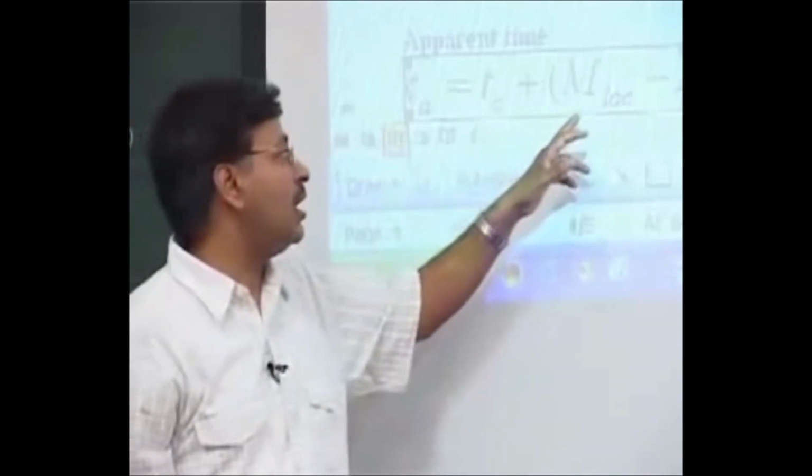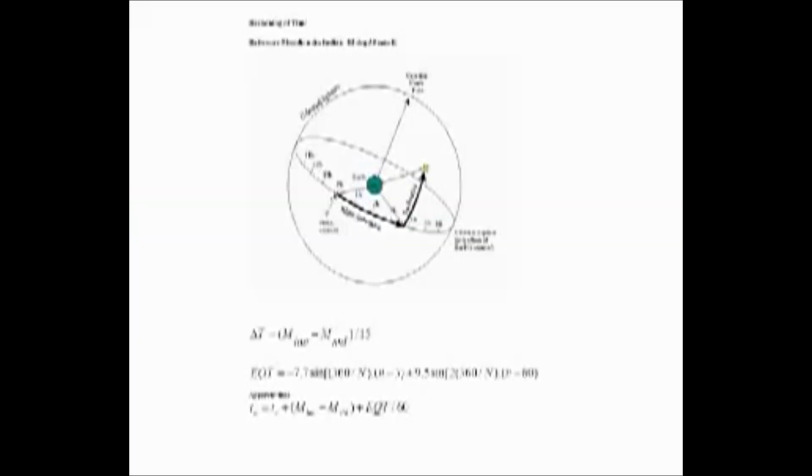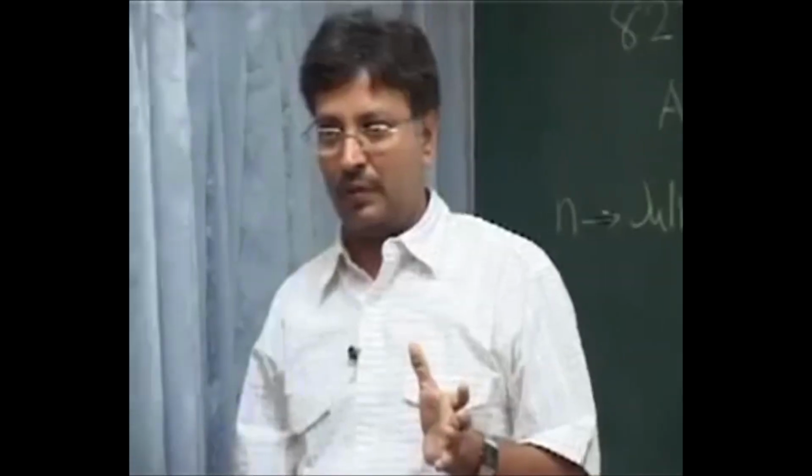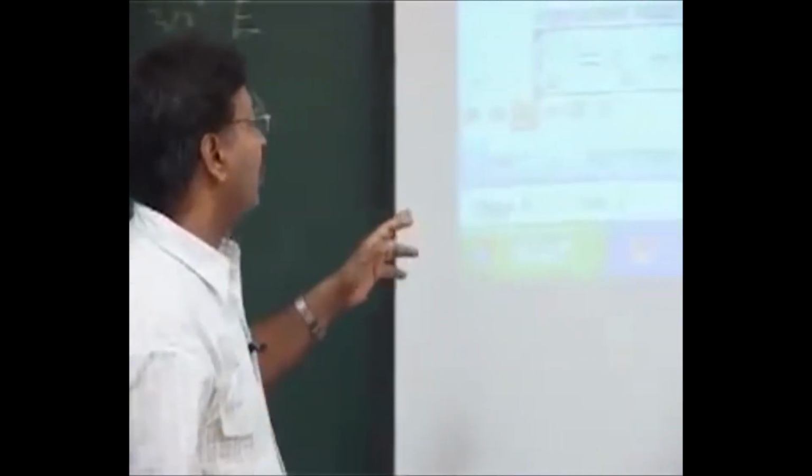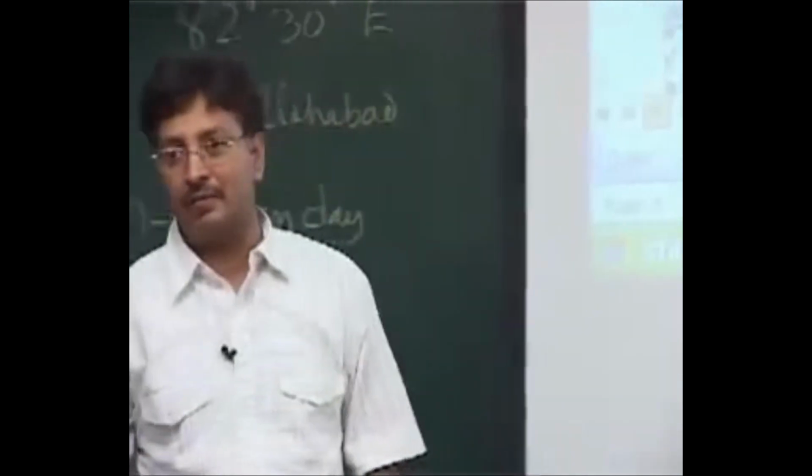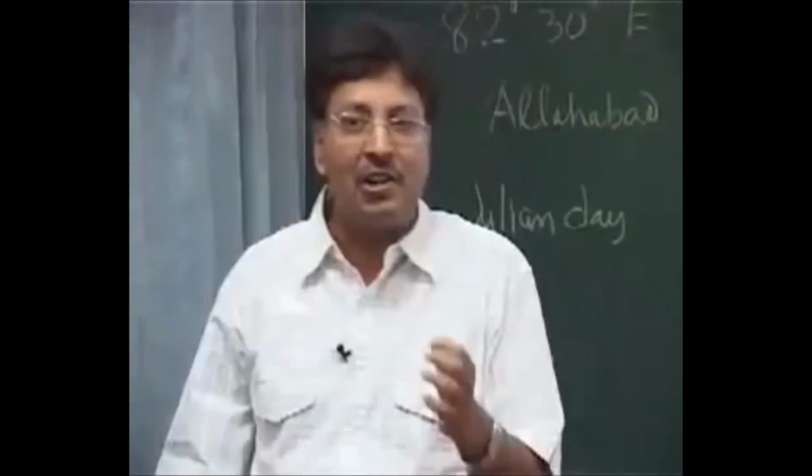This must be corrected based on your local meridian, and this should also be corrected based on the Julian day, because solar radiation will depend on the sun's position. That is how you find your apparent time, or if I can say, your real time.